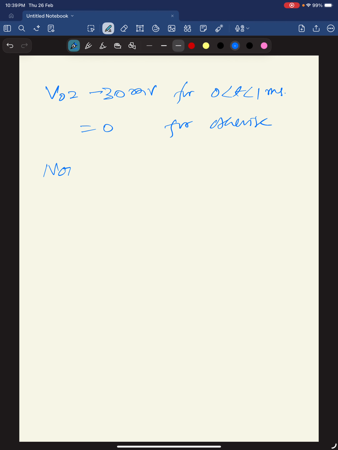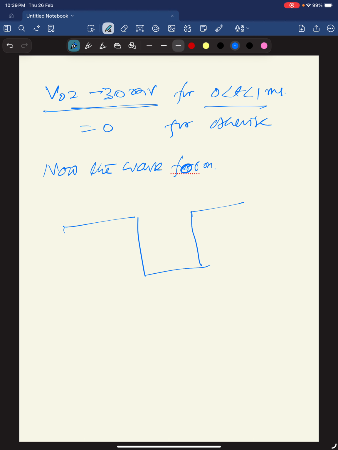Now the waveform. This voltage is fixed for this range, so make it like this. This is 0 volt. This time is 1 millisecond.